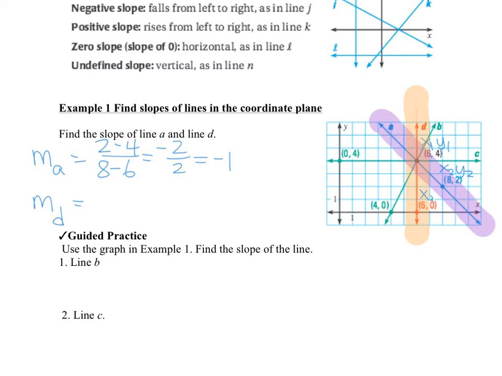And I'll call this x2, y2 down here, 6, 0. So y2 is 0 minus y1 over x2, 6 minus x1. If I didn't know that vertical lines had no slope, I just fill in the coordinates, and I'm dividing by 0, and that's undefined.